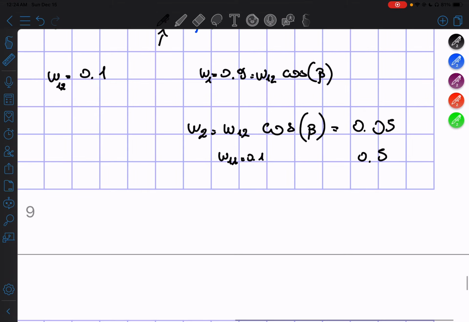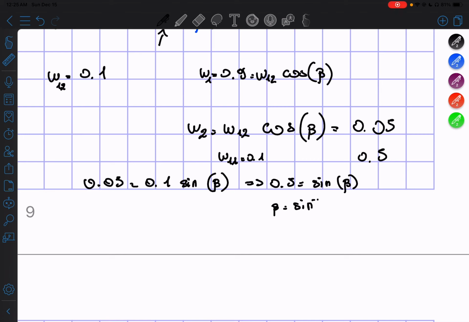Because if I plug in 0.05 on the left side and 0.1 over here, and because lambda t equals 0, then I get 0.5 is equal to sine of beta, because it's omega 2. Therefore, beta is equal to sine to the power of negative 1 of 0.5, which equals 30 degrees.